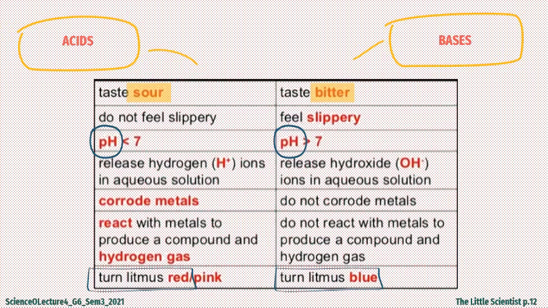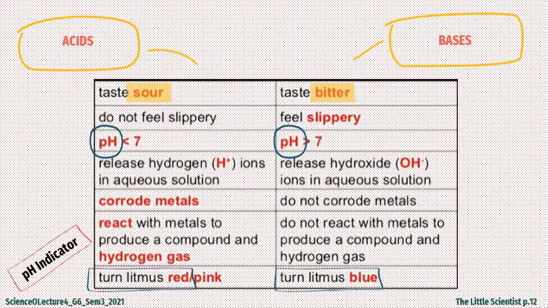Most acidic and basic solutions can be dangerous, so we are not allowed to taste them or touch them. So how can we identify them? These solutions, acidic or basic, can change the color of some substances like the litmus paper right here. So the litmus paper is considered an indicator.